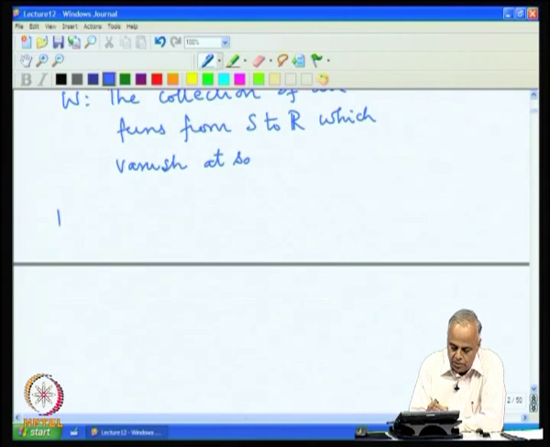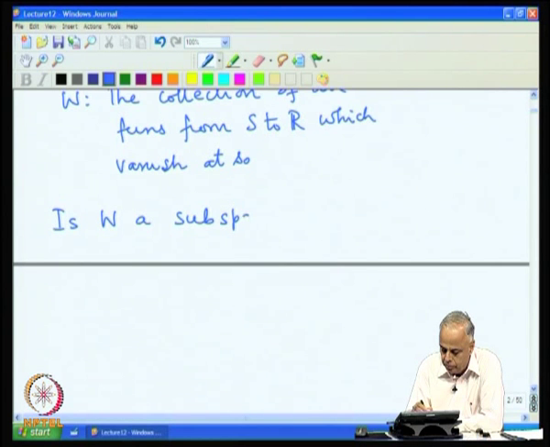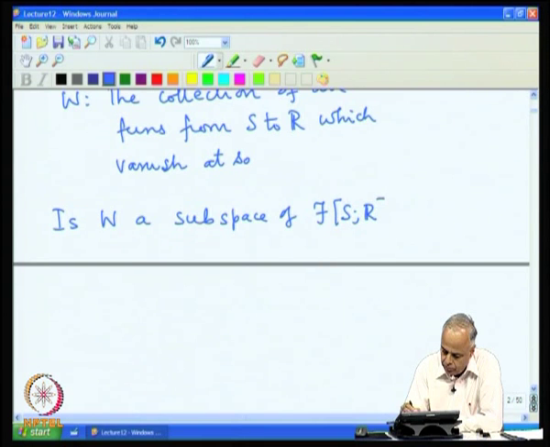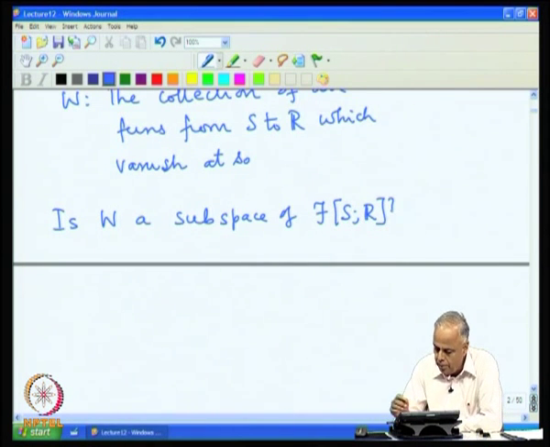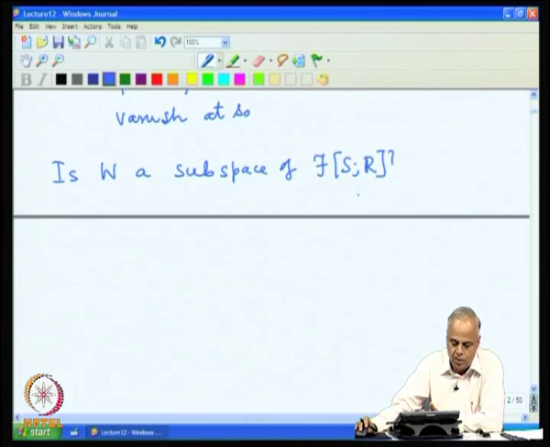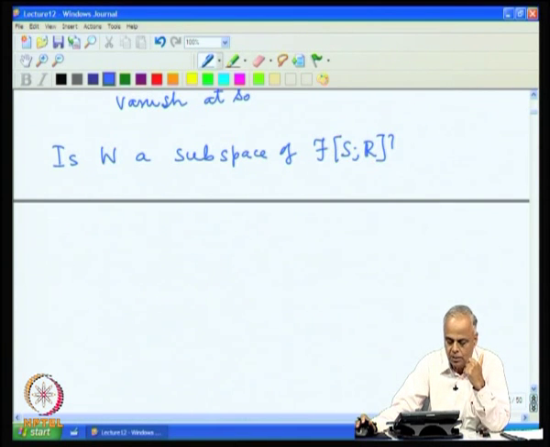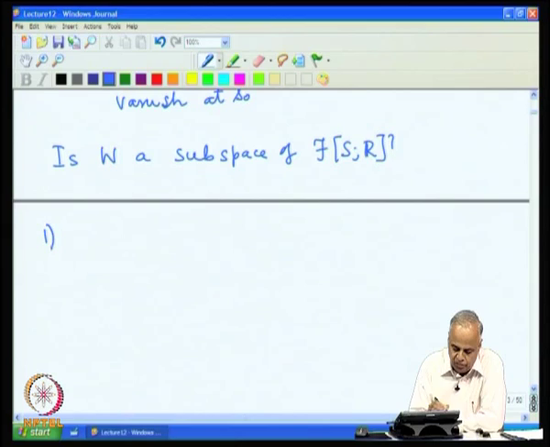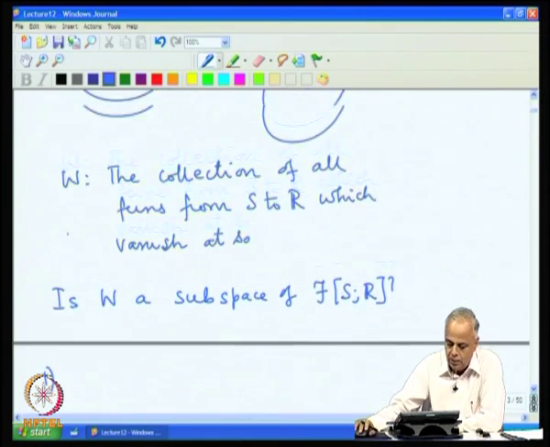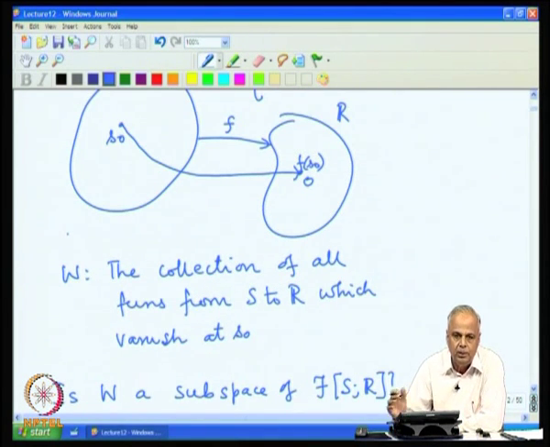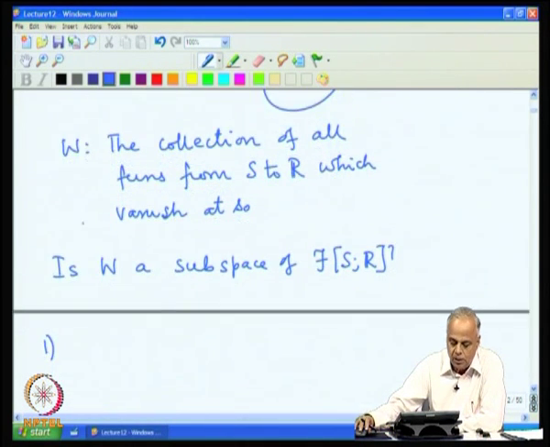Now, is W a subspace of the collection of all functions from S to R? In order to verify whether something is a subspace or not, we have to verify three things: whether it is non-empty, whether it is closed under addition, and whether it is closed under scalar multiplication. The first thing to observe is that the 0 function takes every point to the 0 value, in particular the point S naught is mapped to the 0 value.